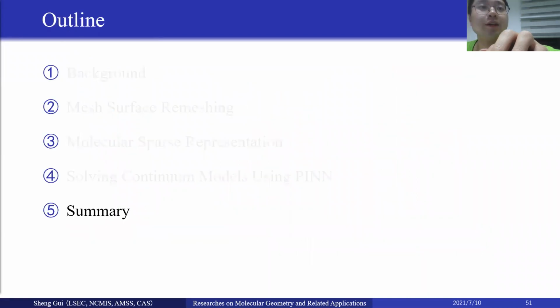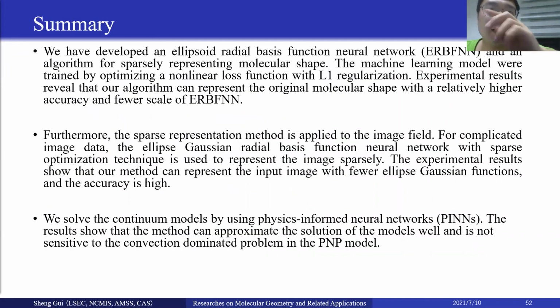Okay, finally, let's summarize this topic. Firstly, we have developed the ellipsoid radial basis function neural network and the algorithm for sparsely representing the molecular shape. The machine learning model will be trained by optimizing nonlinear loss functions with L1 regularization.